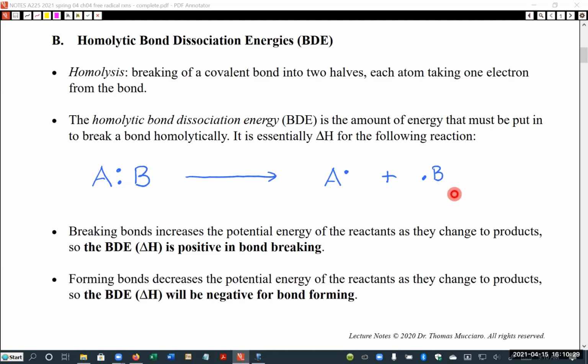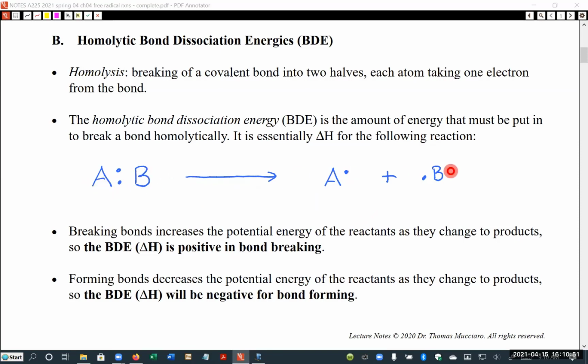Now, when we look at bond dissociation energy, it turns out if that's a delta H for that reaction, then the sign of delta H is either going to be positive or negative. And in fact, there's a rule when you work with delta H of reactions.